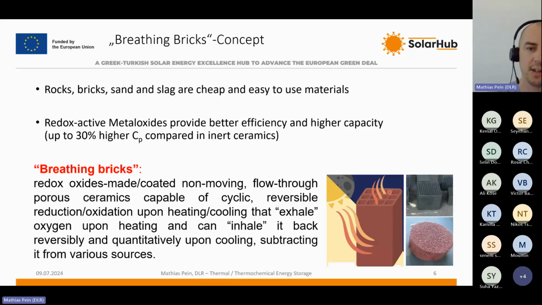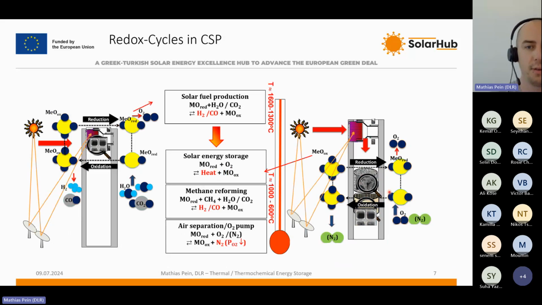And this reaction is an exothermal reaction, so in that sense, the heat is released again. So with that, utilizing air as probably the easiest to handle heat transfer fluid, one can utilize this reaction to increase the heat capacity. But we can also do other things with that.